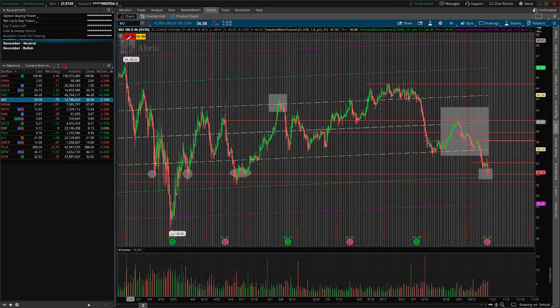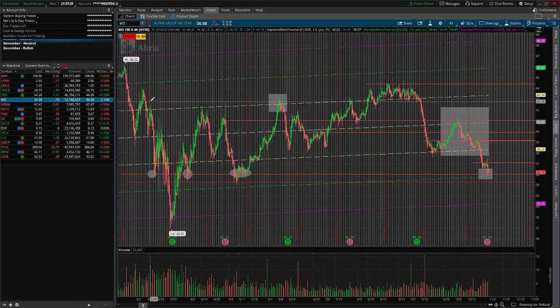So this one basically says there's a 65% chance that this stock's implied volatility is going to go up. But if it were at 85%, then it's got an 85% chance of coming down, right?